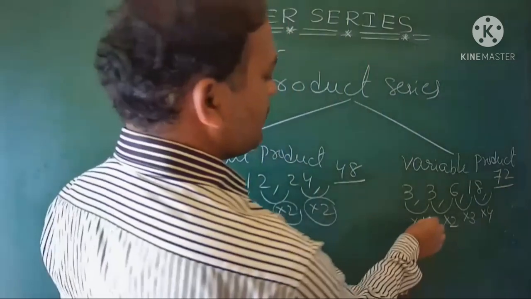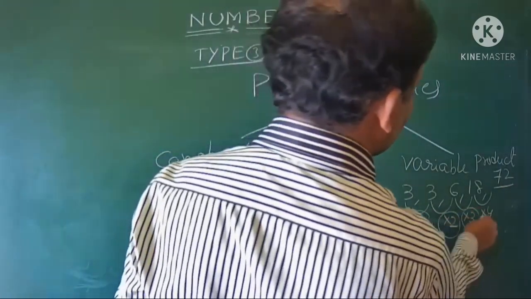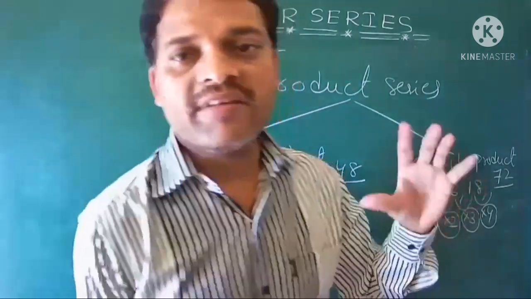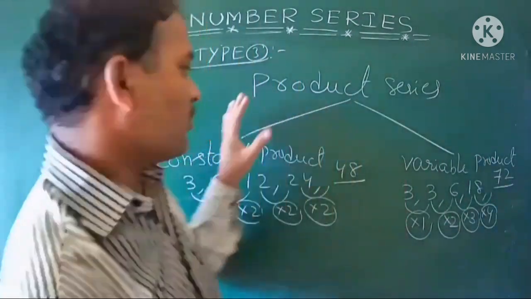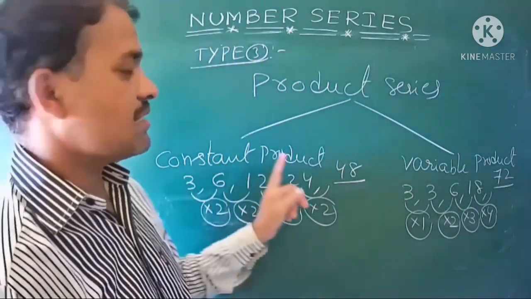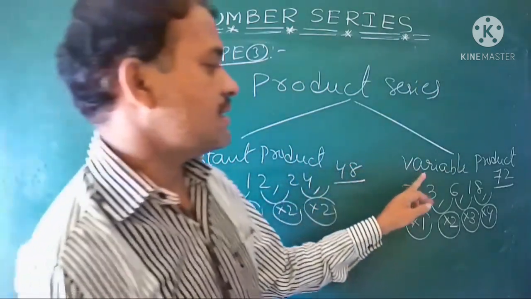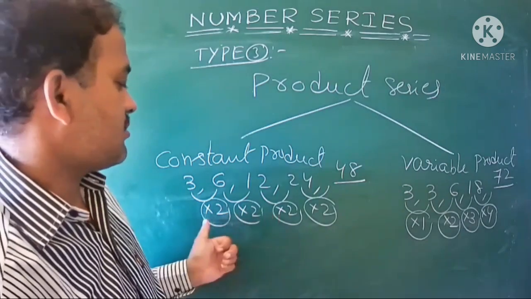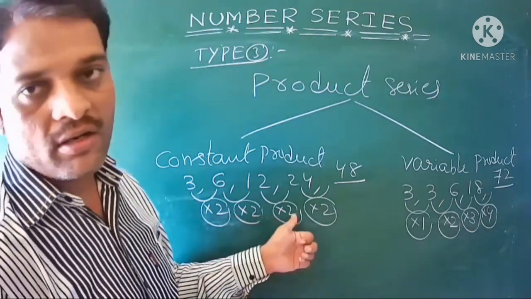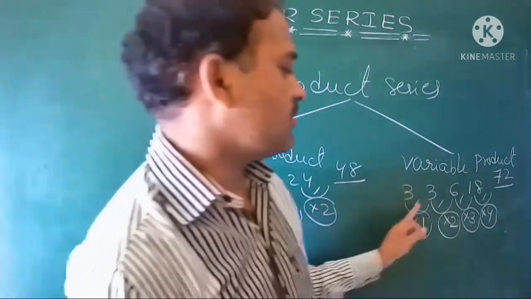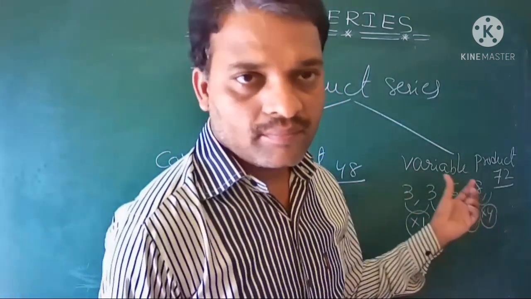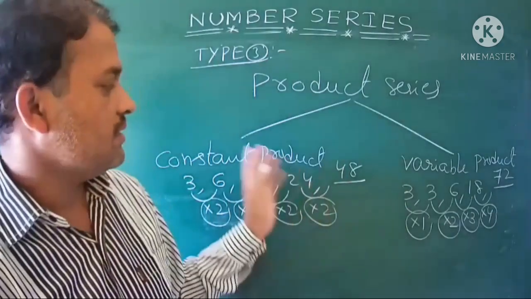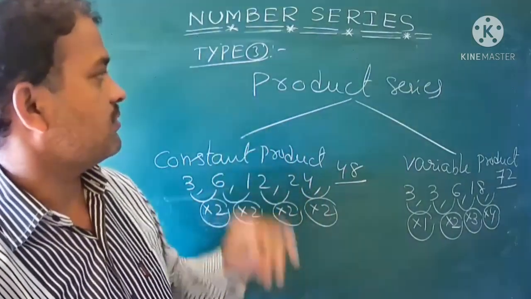So here into 1, into 2, into 3, into 4, that relation is called variable product series. So product series has two types: one is constant product and the second is variable product. Constant product means the successive terms product is a constant relation, and variable product means it varies. These are the two types.